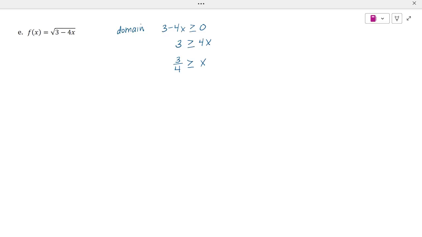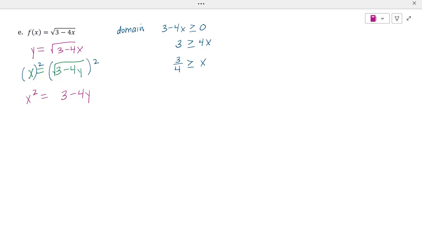Let's find the inverse function. We'll start by writing y equals the square root of 3 minus 4x, and then we'll exchange x and y. And then I'm going to square both sides to get rid of that square root. So x squared equals 3 minus 4y.